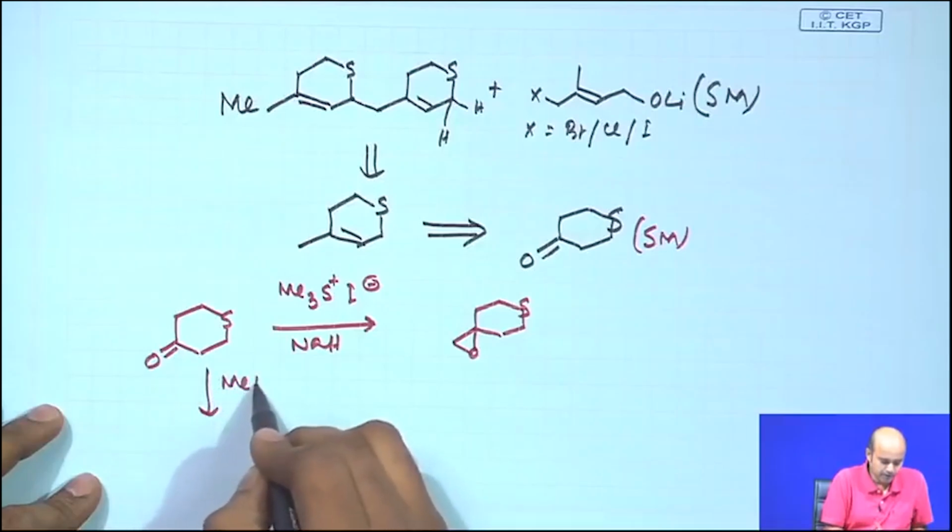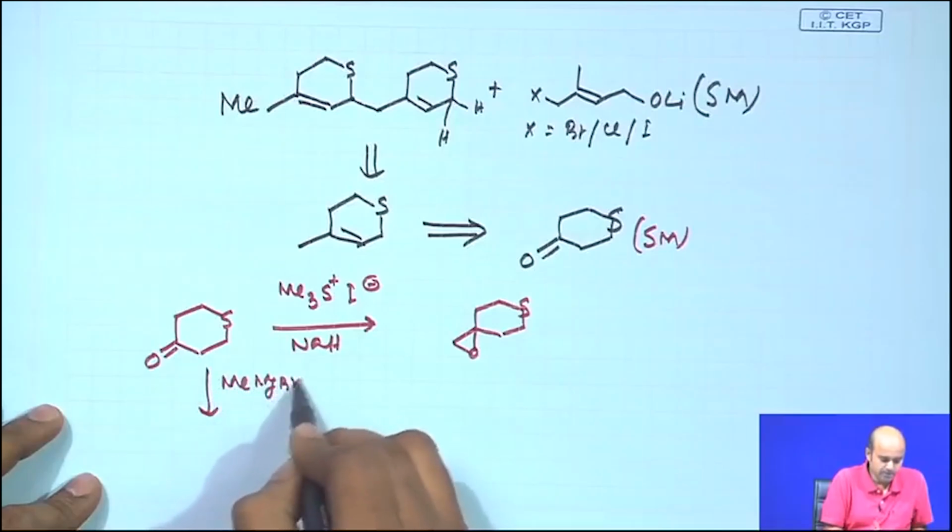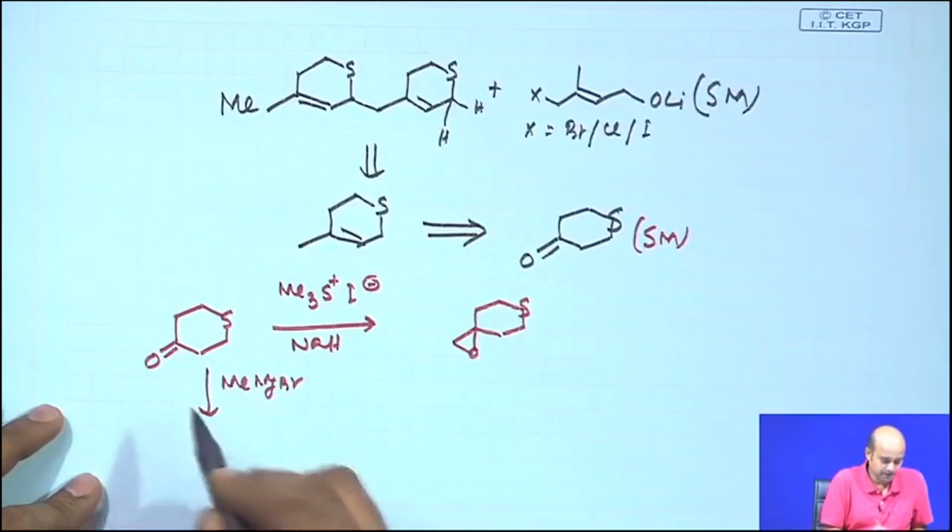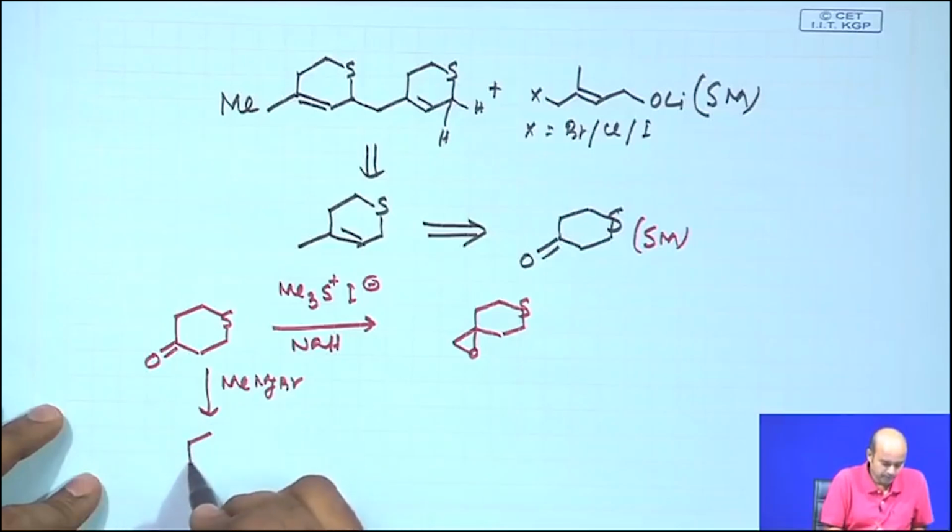Then this starting compound you react with MeMgBr, methyl magnesium Grignard. So, it will basically give you the OH Me compound.